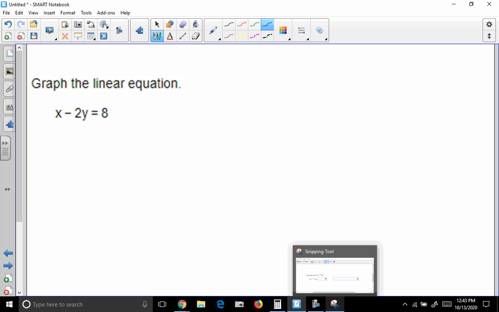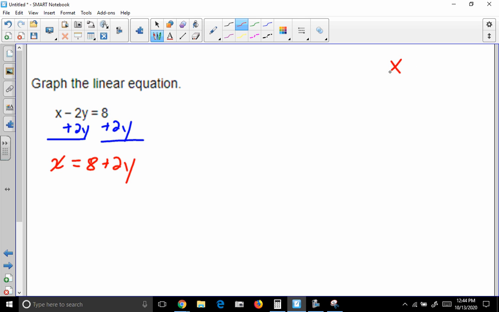Normally, we get y by itself. But on this one, notice the only thing we would have to do to get x by itself would be to add 2y to both sides. So minus 2y plus 2y, those would cancel. The other side, we would have 8 plus 2y.